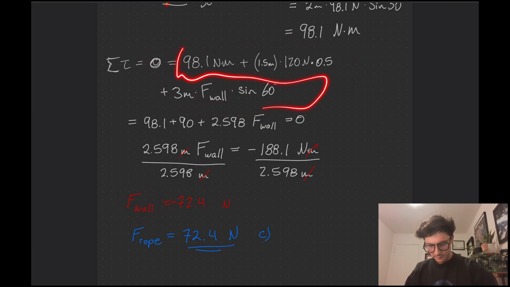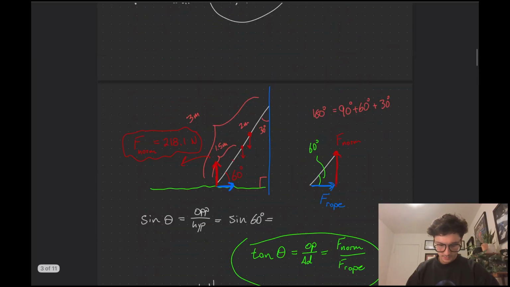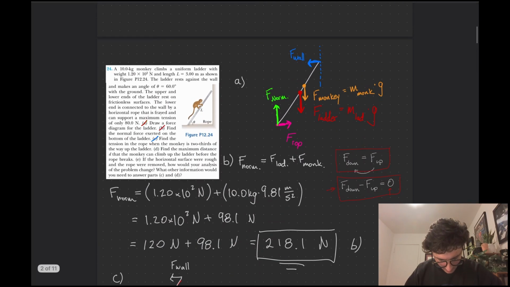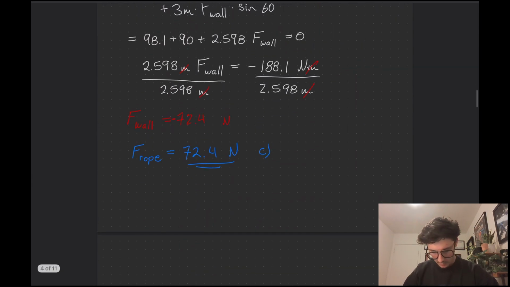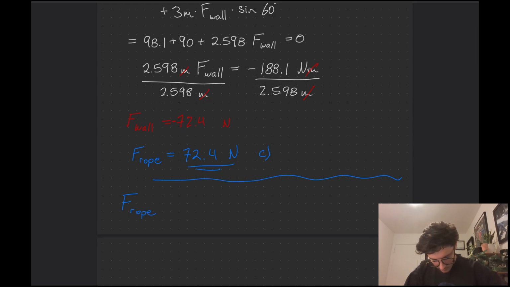So everything we have here is good, except now the torque of the monkey is going to be our unknown, because we want to figure out where the monkey is on the ladder. This is locked in because they said in the beginning that 80 newtons is the maximum tension the rope can hold. By the way, this tension is lower than 80, so the monkey at 2/3 of the ladder is not ripping the rope. Now for the final part, F rope is exactly equal to 80.0 newtons.